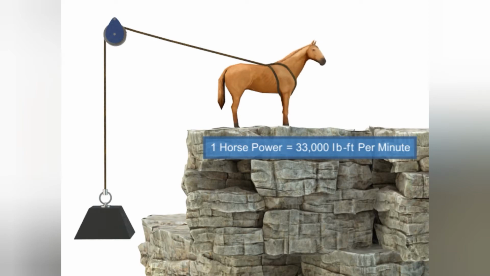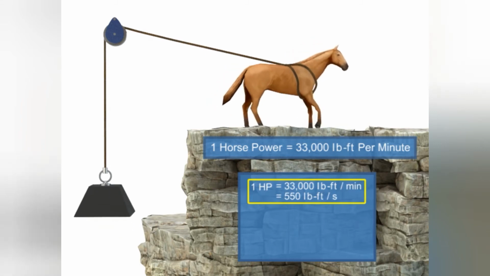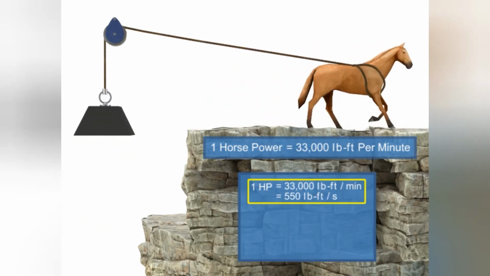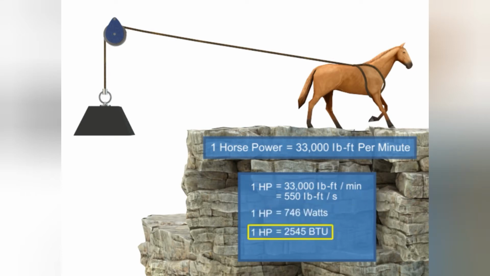In modern terms, horsepower is simply another unit of measurement for power and can be translated into watts, BTUs, joules, or any unit of power. Units that measure motor power are typically in horsepower or watts.